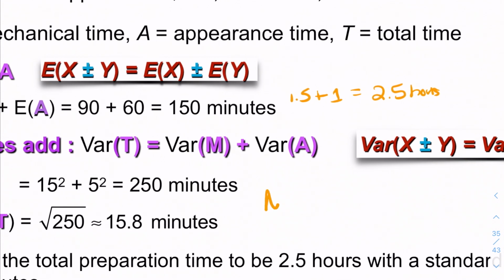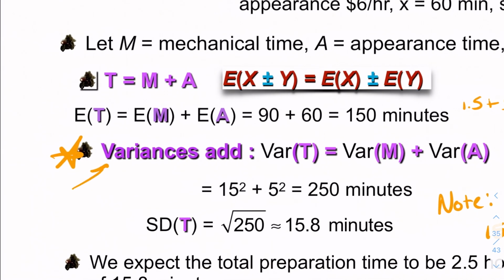Note, this is not 15 plus 5 or 20 minutes. The standard deviations don't add, the variances add, because variance, since they are squares, is like the Pythagorean theorem. Just remember, something squared plus something squared.